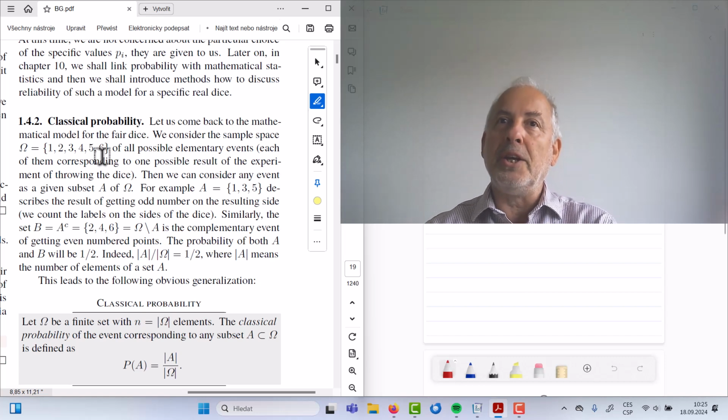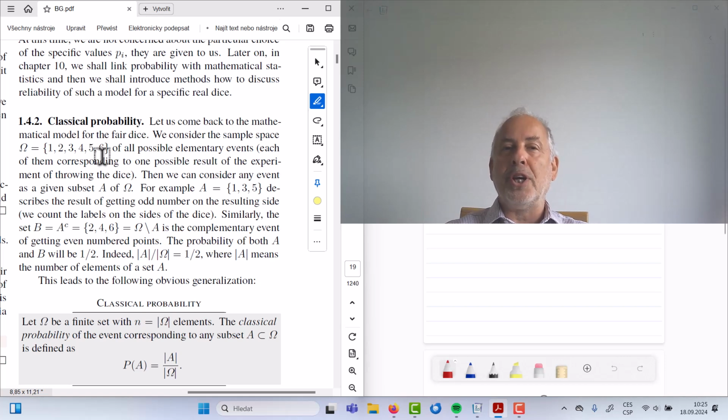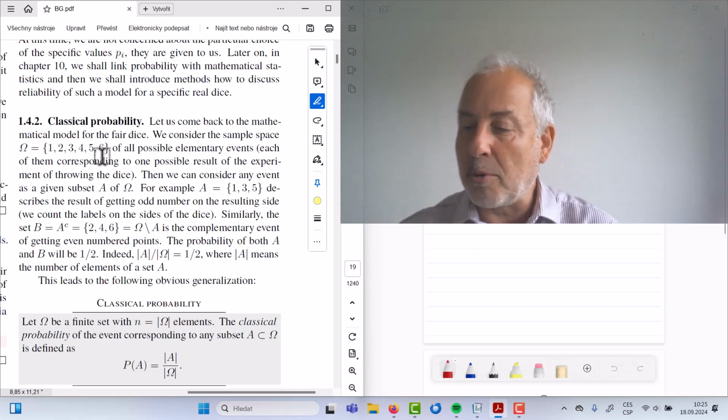It's similar to the elementary combinatorics. I didn't say the main rule. So if you count the things and the individual steps are independent, you multiply the numbers, and if you divide the possible result into some mutually disjoint possibilities, then the numbers of occurrences are added together, right? So it's the rule of addition and multiplication in the elementary combinatorics. And the same will be here in the probability.